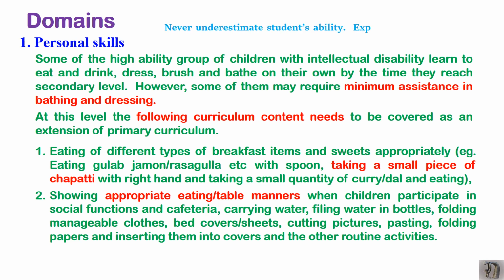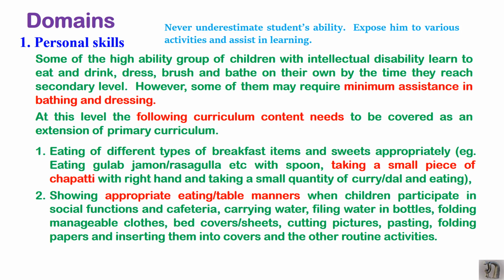See, you need to understand, never underestimate a student's ability. Expose him to various activities and assist in learning. See, a student, a child, a person will have some ability, you need to expose them.